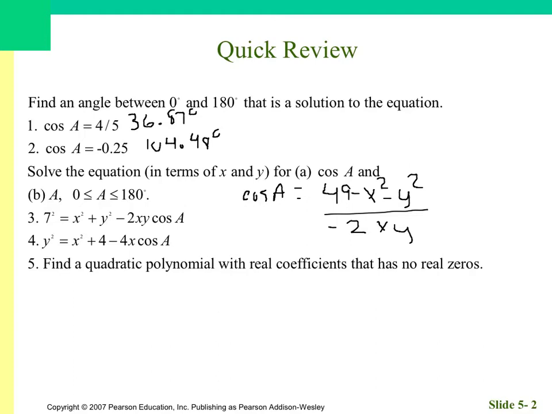Find a quadratic polynomial with real coefficients that has no real zeros. This one we just have to think about. We want b squared minus 4ac to be less than 0.